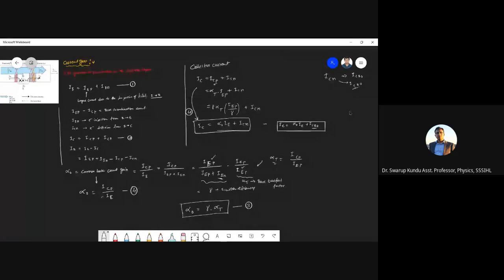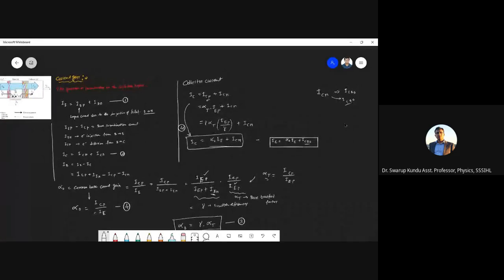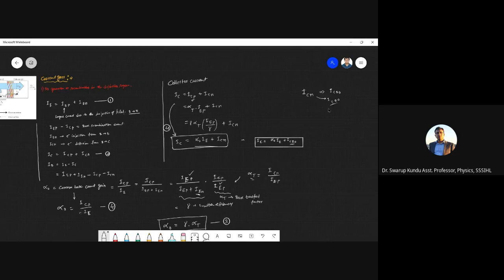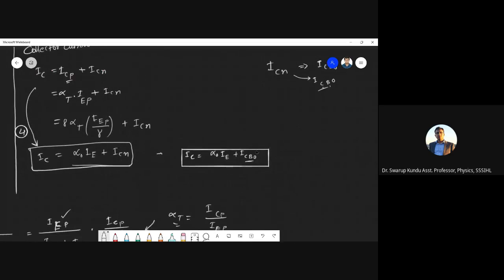Okay, so ICBO, we are basically replacing this ICN with the notation ICBO, because it looks more comprehensive. It tells you about the current between collector and base. ICB, so collector and base, when the emitter is open. 0 stands for the third terminal, the emitter, being open.